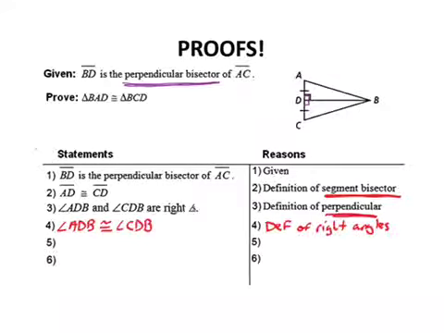The next step we should recognize, because right now we have side angle, is that we have a matching side or a shared side between the two triangles. So we should be able to state that BD is congruent to BD by the reflexive property.